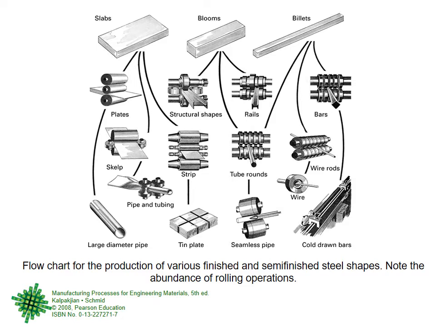So these shapes may be a few that are produced by rolling, but the amount of metal that is used up is huge, right? Hundreds of millions of tons and so on. Okay, so rolling is a major operation, even though the geometries that it produces are few.